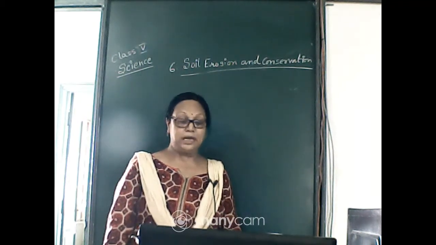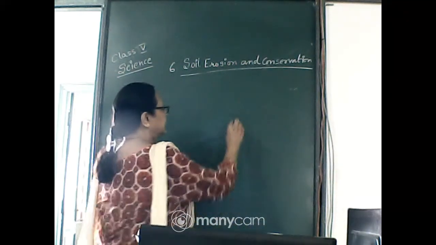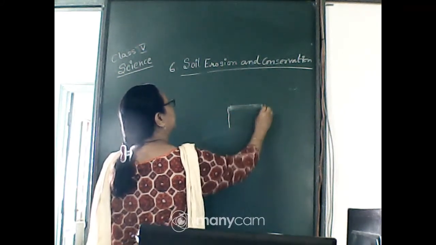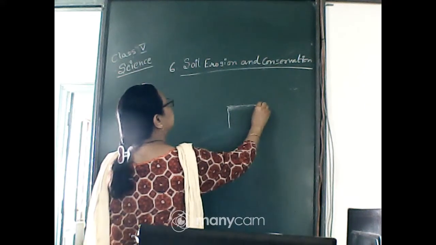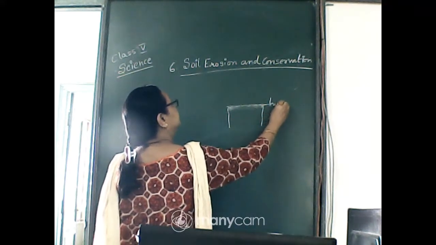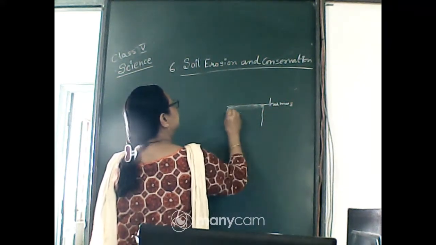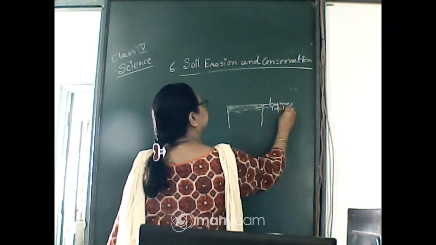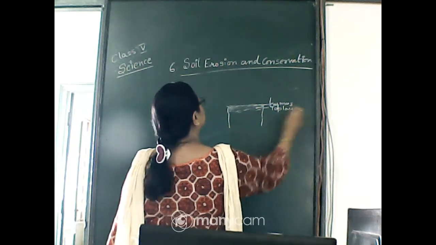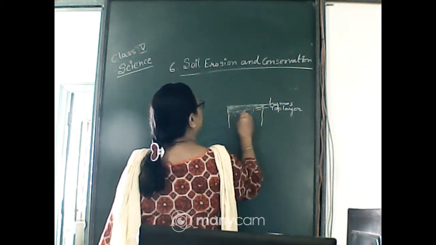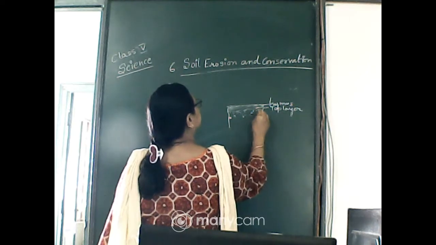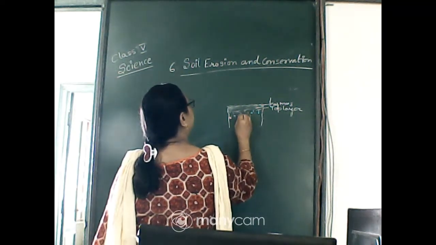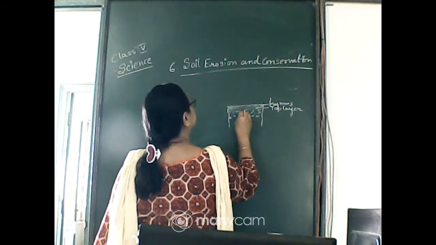As we know, we will see the soil profile. There is the uppermost layer, the fertile layer, or you can say the upper layer is the humus layer. This one is the top layer. Then sand and pebbles: this is the second layer, the sandy layer with pebbles.